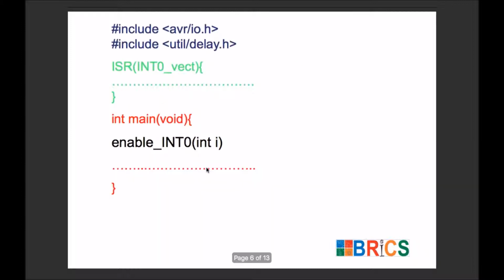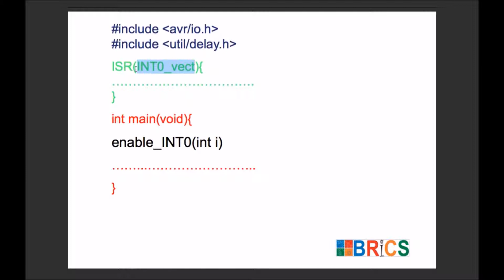Here you can see that I have written some code for interrupt 0. This is the ISR which we have created for interrupt 0. Here we need to write INT0_vect. Be careful while writing this text. The compiler will never give any error for this text, even if you write a wrong spelling.